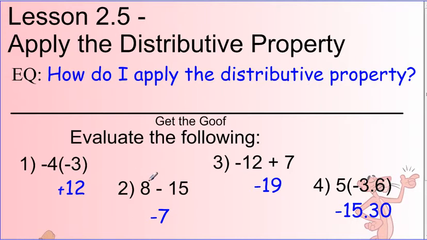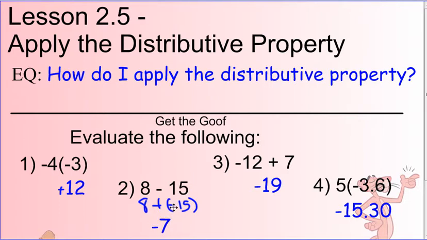Number 2, we have a subtraction. So I'm going to use KFC, so 8 plus a -15. The signs are different, so we need to subtract. And 15 minus 8, is it 7? Yeah. So the number part's correct.